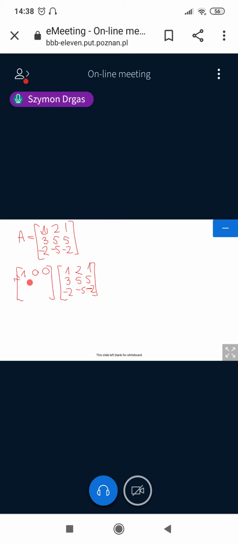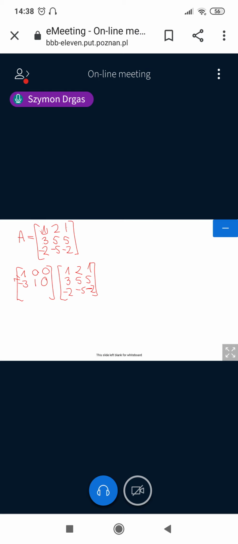So if I would like to subtract the first row from the second row, then I would write -3, 1, 0.